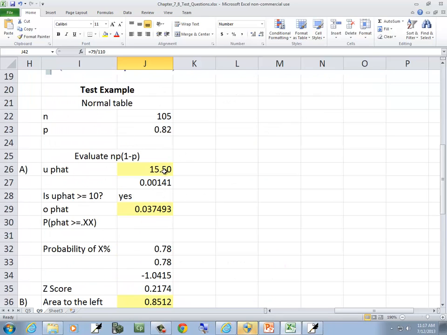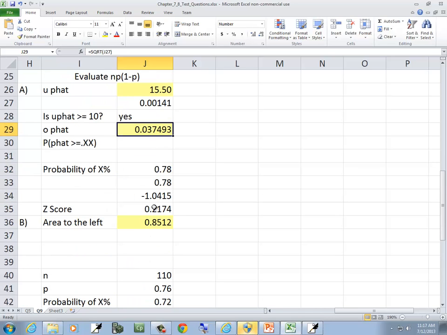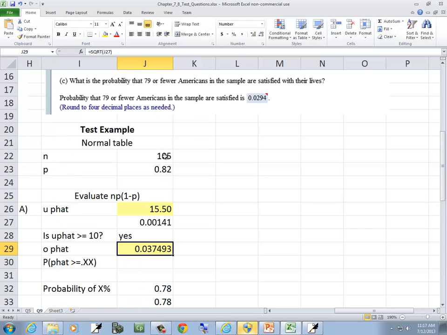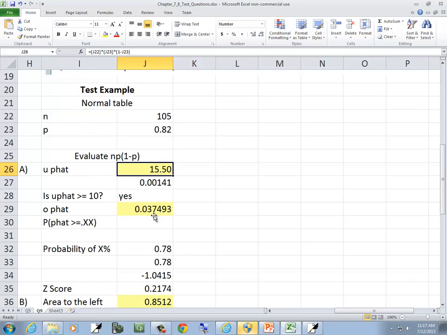That's where that one came off. I'm looking here.